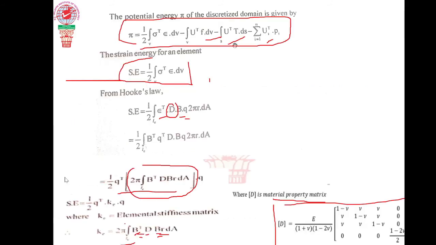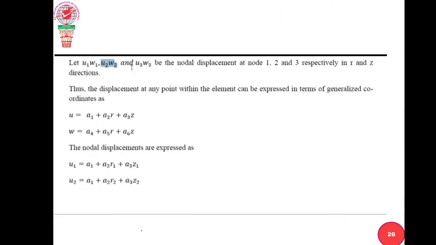Now, in order to derive the element stiffness matrix, you should know B first. What is B? That we are going to take up. That is the strain displacement matrix. For that, as usual in the case of the shape function, we consider the displacement function in the form of a polynomial.